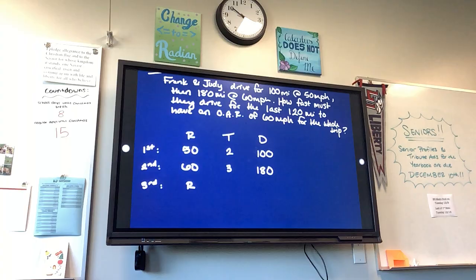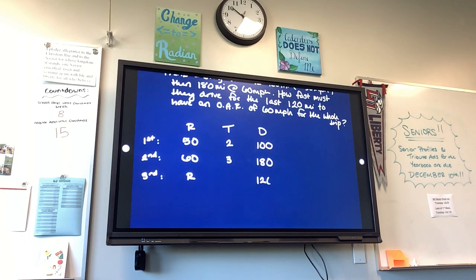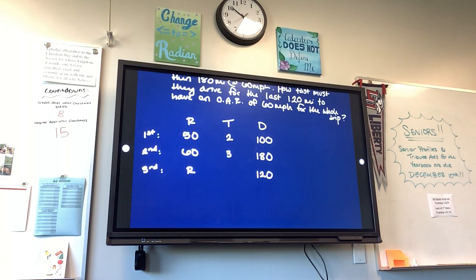You can kind of put a star in there like we do sometimes, if that makes more sense to you, if that's what you're solving for. Okay. How fast do they need to drive for the last 120 miles? What's 120? A distance. That's the distance for the third leg. For the overall to be 60 miles per hour. So a little side note over here, we want our overall to be 60.